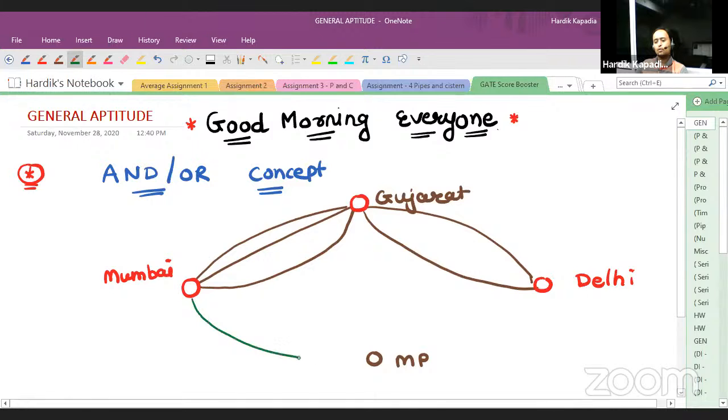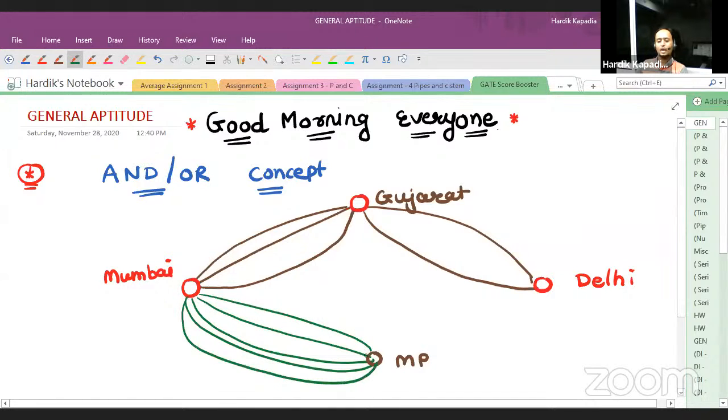There are 1, 2, 3, 4, and 5 ways to go to MP from Mumbai, and there are 4 ways to go to Delhi from MP. So how can we interpret this?